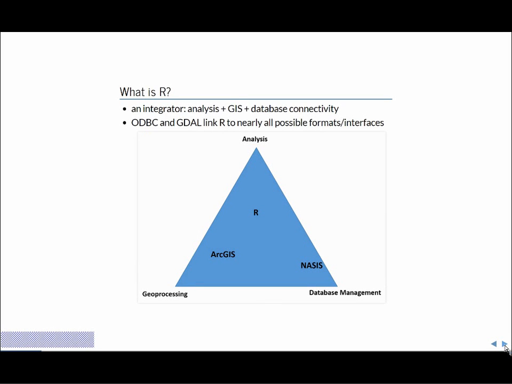Another way to think about it, if we stack R up against NASIS and ArcGIS, each of these programs has its inherent strengths, and they all do different things.